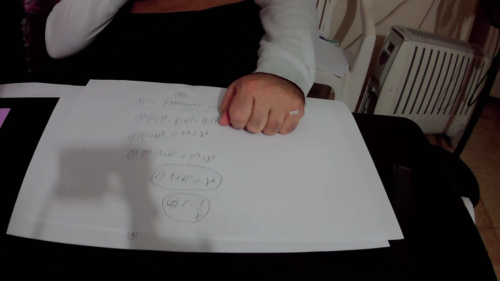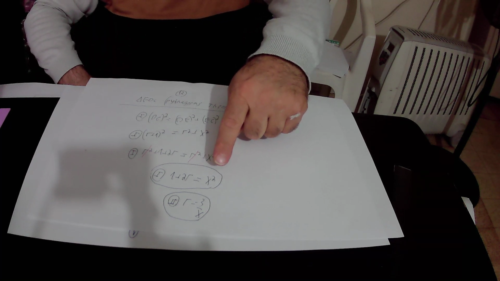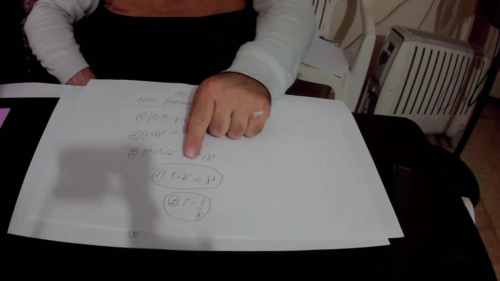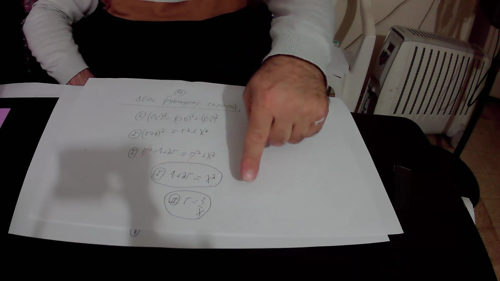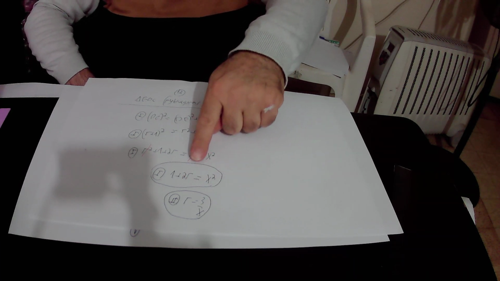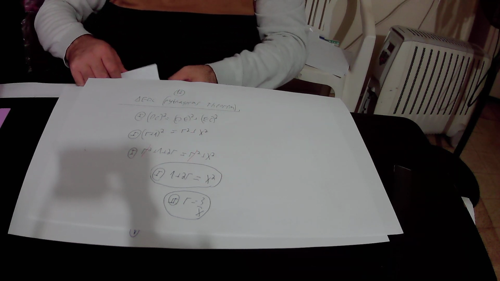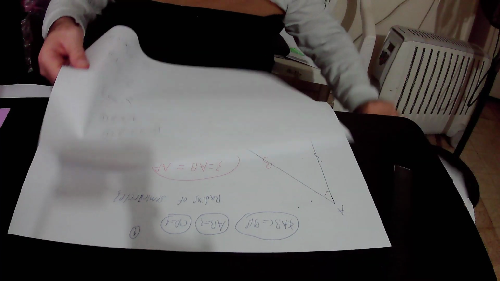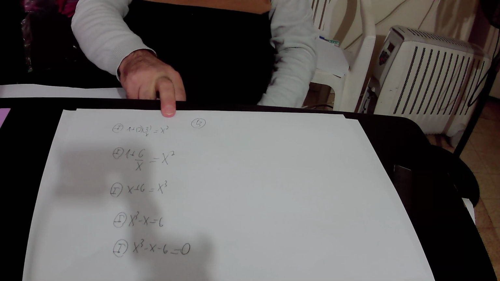According to equation number 1, 1 plus 2R equals X squared, and according to equation number 2, we've already found out that R equals 3 over X. So we can substitute R in equation number 1 by 3 over X. We found that 1 plus 2 times R, and R is 3 over X, equals X squared.